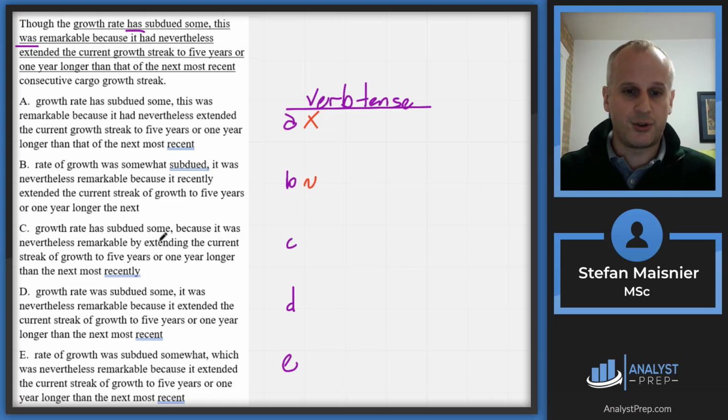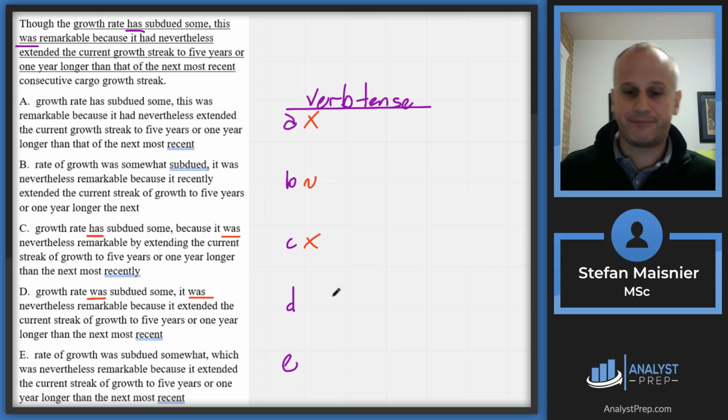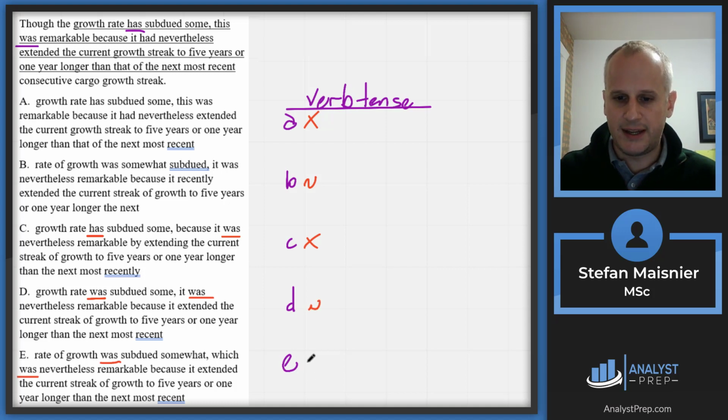Now, if we look at choice C, we have almost the exact same error, in that we've got "has" and "was." Those two verb tenses are not going to match, so choice C is eliminated. Then we've got choice D, which again has "was" and "was," seems reasonable to start. And then we've got choice E, which is dealing with "was" and "was" as well, so both D and E will hold with the squiggle for now.